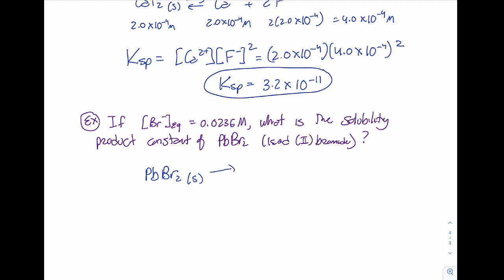So this is solid. It's going to form lead 2 plus and 2 bromide ions. And it's telling us that at equilibrium, my concentration of bromide is 0.0236 molar.